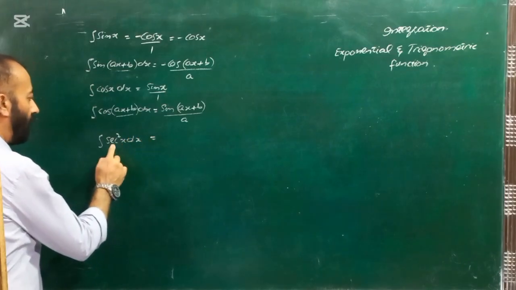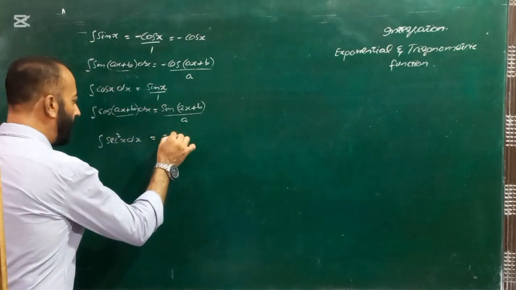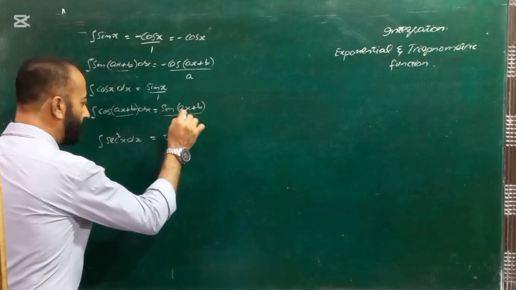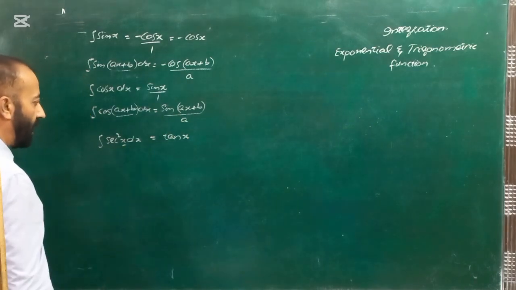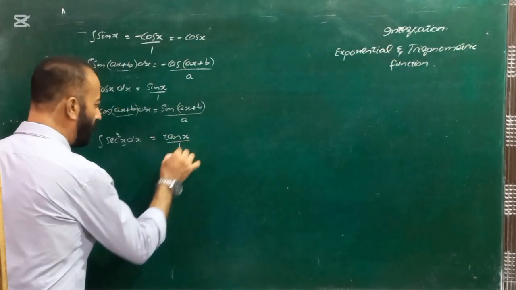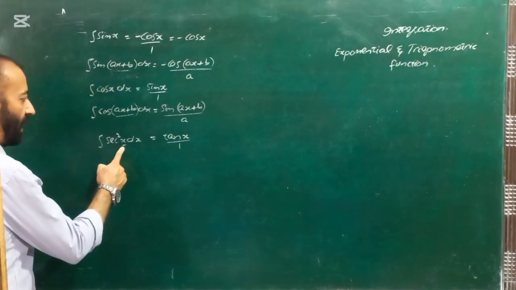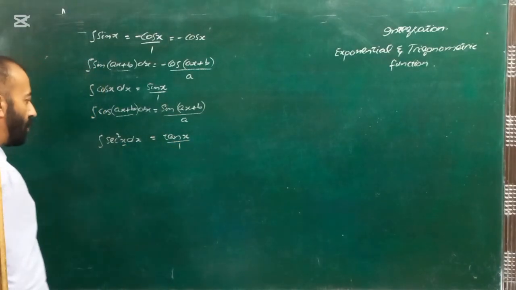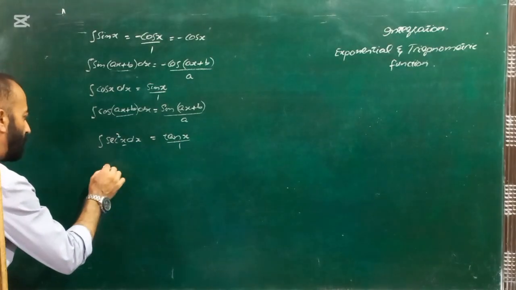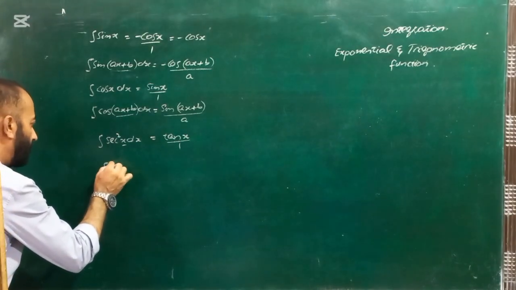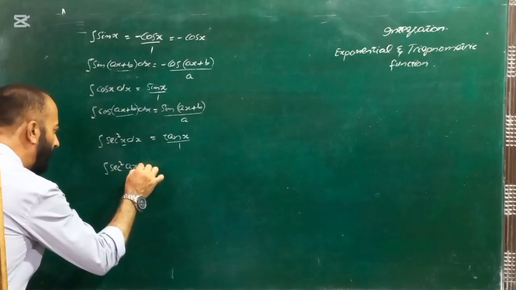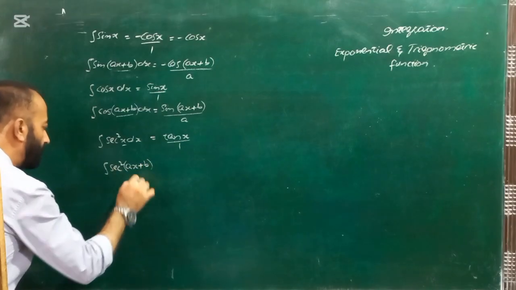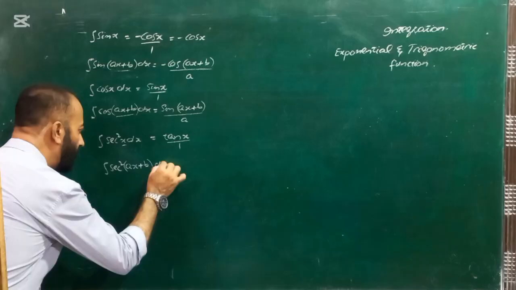The integral of secant square x is tan x. Then we will take the differential of the angle and put it in the denominator, because the differential of x is 1. So 1 will be placed in the denominator. Look now, I'm changing the angle: secant square(ax + b) dx.